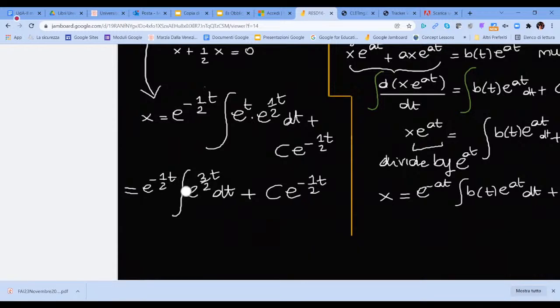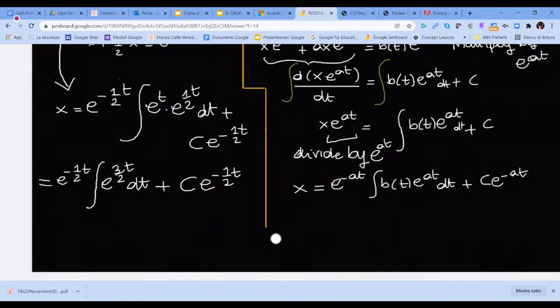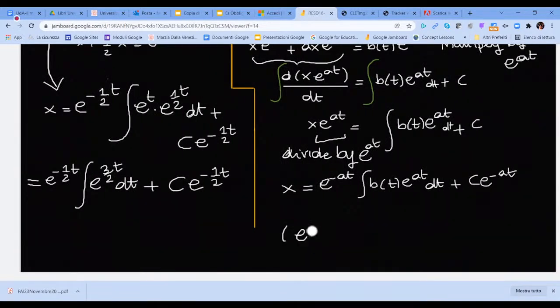The primitive function of e raised to 3/2 t, if we differentiate this function, it remains e to 3/2 t, but we have to multiply by the derivative of the argument, that is 3/2.